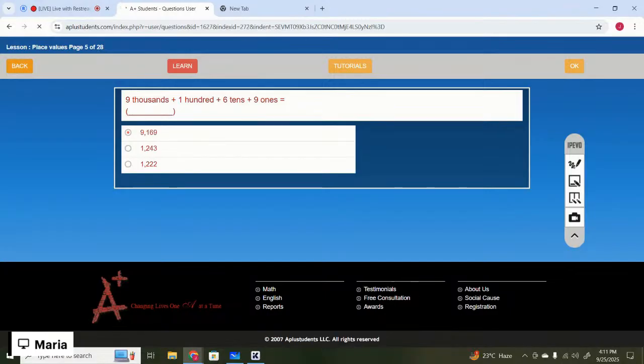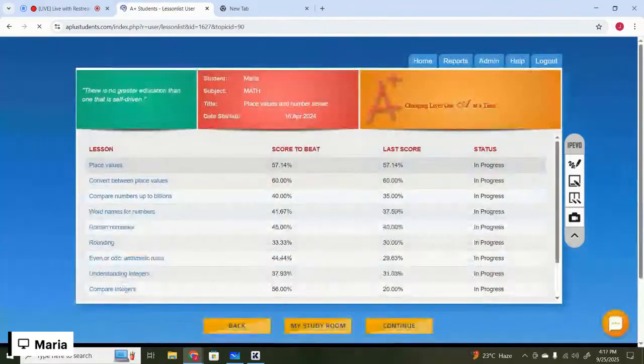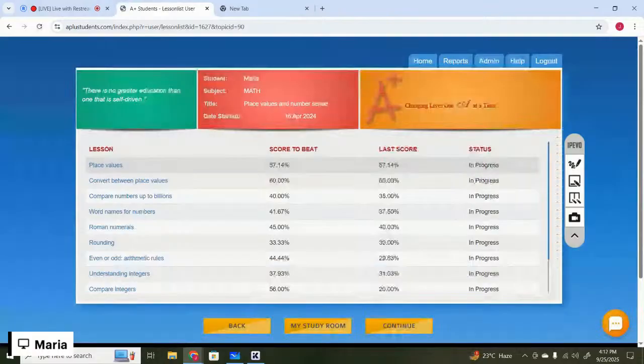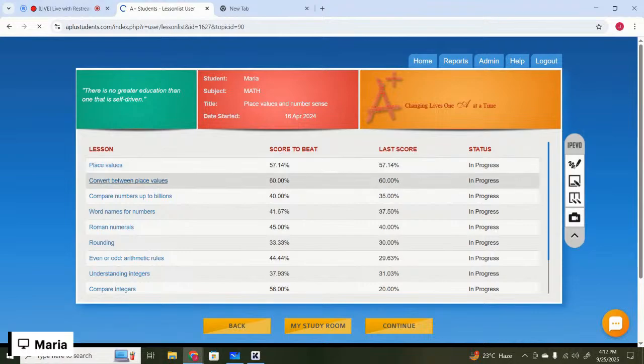Let me just move on to the next lesson, that is convert between place values.